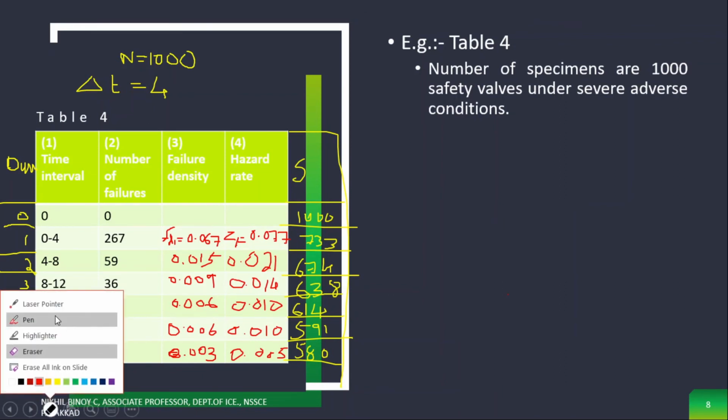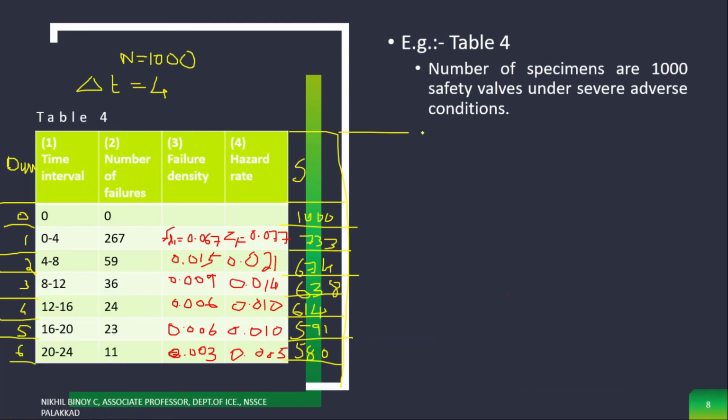Okay. So if you are writing reliability, one more column is required, that is reliability. So after the first duration or after the first time, reliability is, what is reliability?